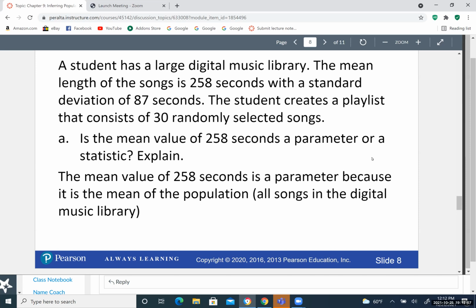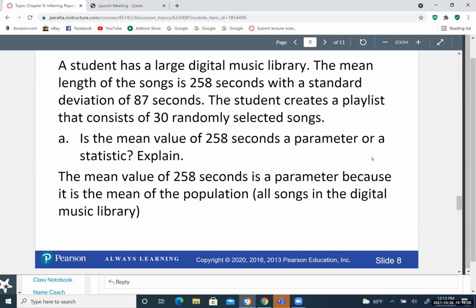The student creates a playlist that consists of 30 randomly selected songs. So the number you are given is for the entire digital music library: the mean of all of it is 258 seconds, with a standard deviation of 87 seconds.